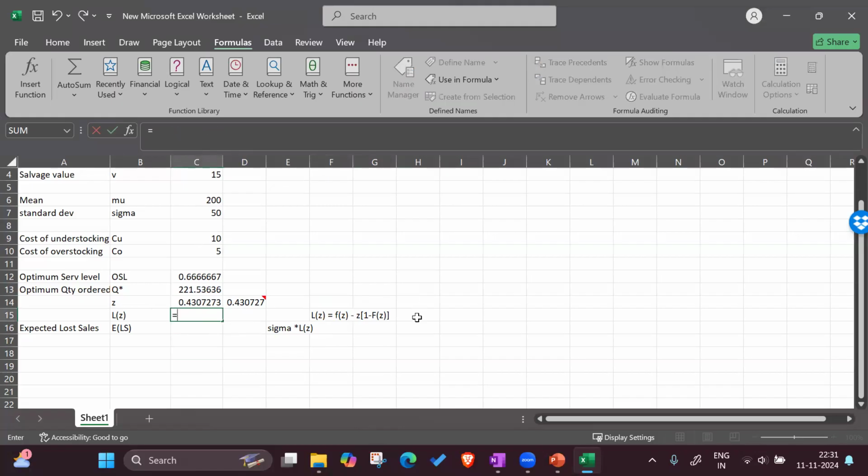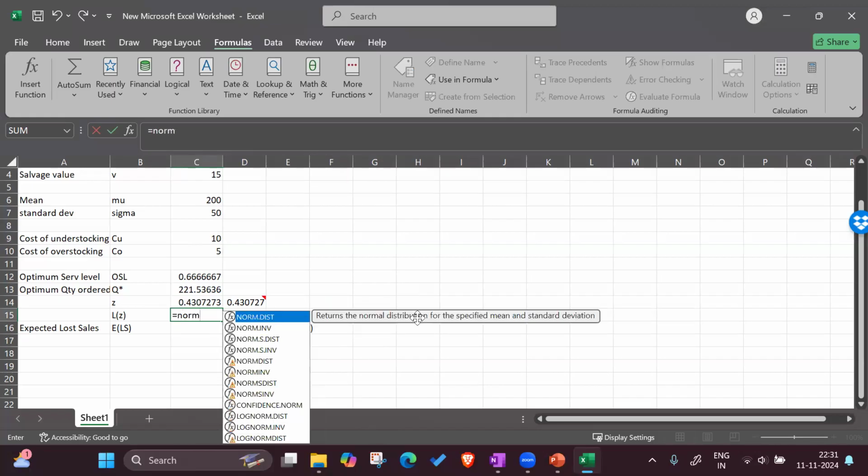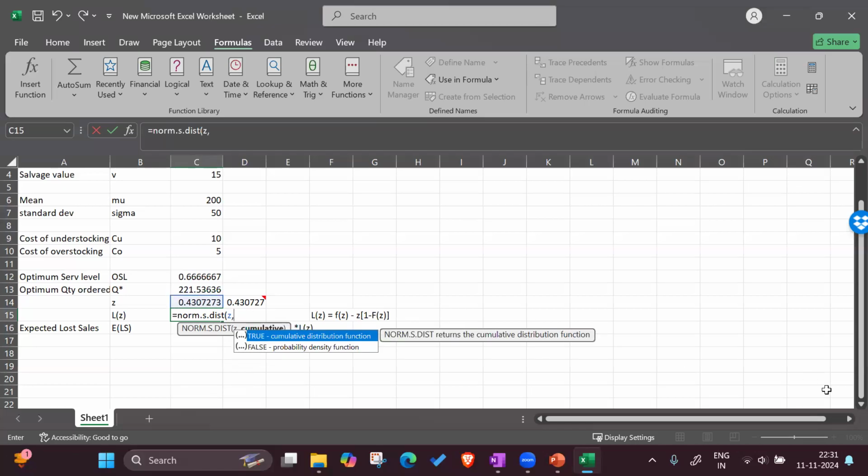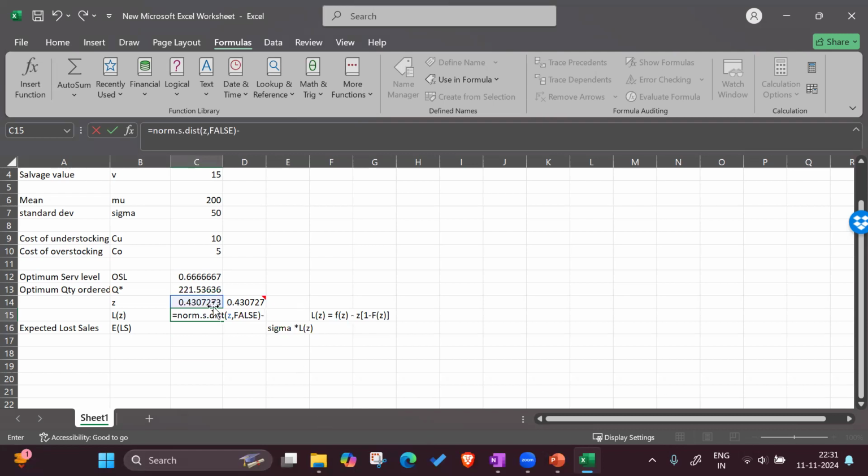All I have to do is use a function called NORM.DIST. Instead of NORM.DIST, I should rather use NORM.S.DIST, which is much easier because this is the standardized normal distribution where I can just use the Z value, as the formula itself is showing me. Just select this Z value, and small f of Z corresponds to the probability density function, so I'll select the false value, minus Z multiplied by 1 minus.